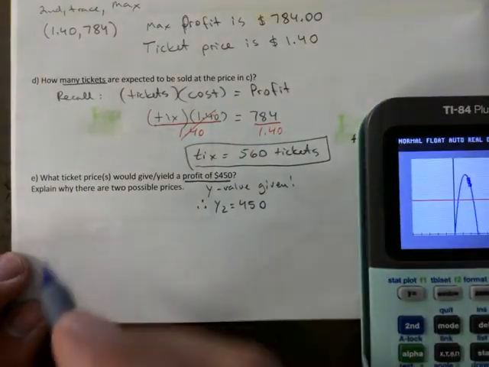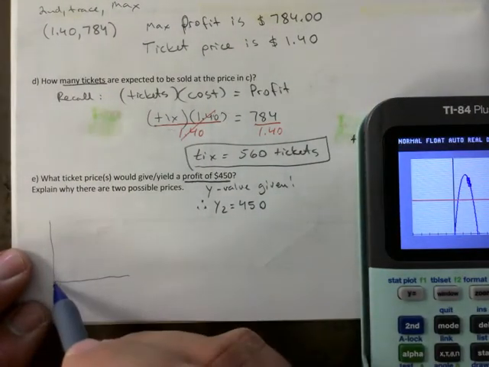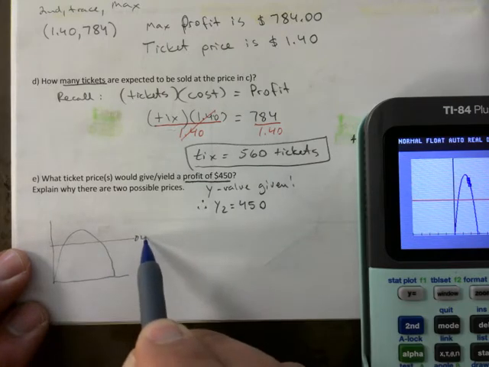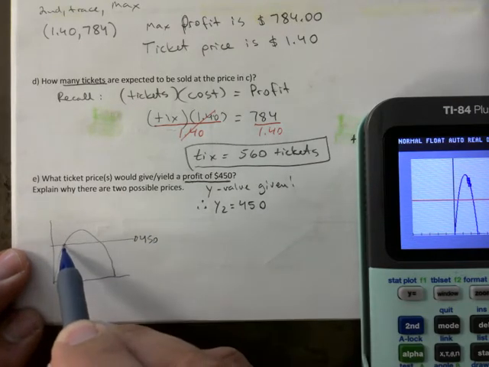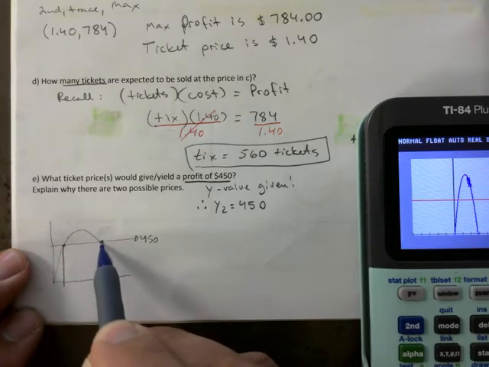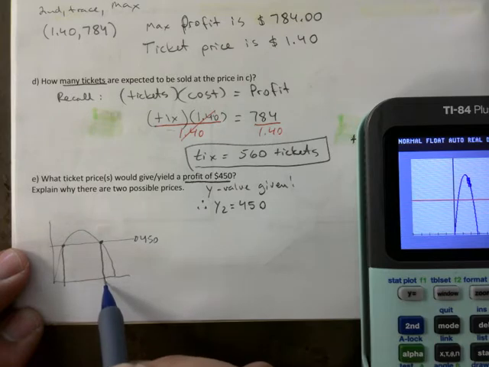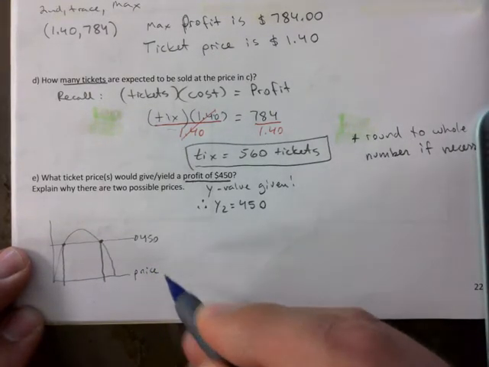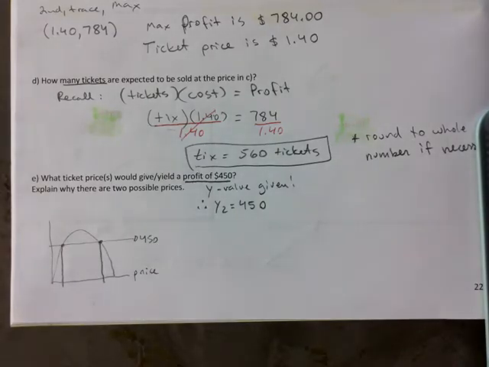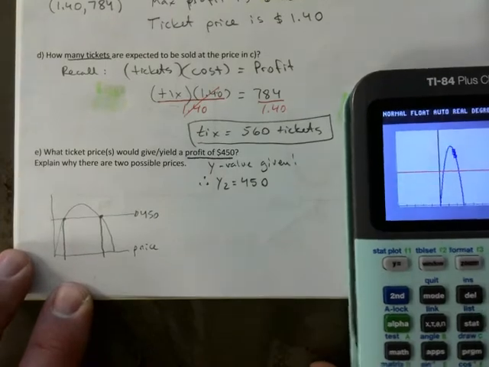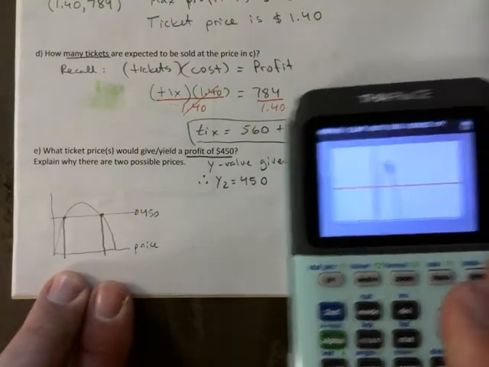So I'd like a sketch here. This is the 450 line. There's a ticket price here, and there's a ticket price there. Remember, the price is along the x-axis. So we're going to find both of those instances.